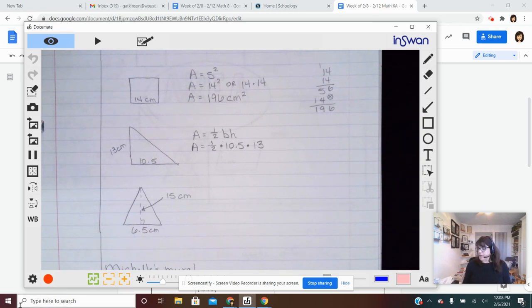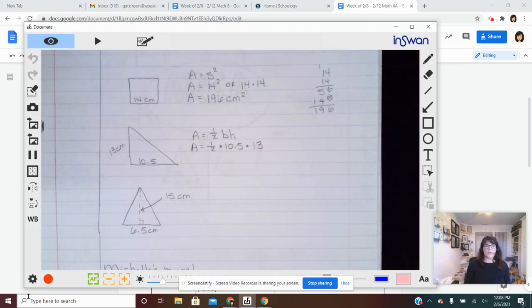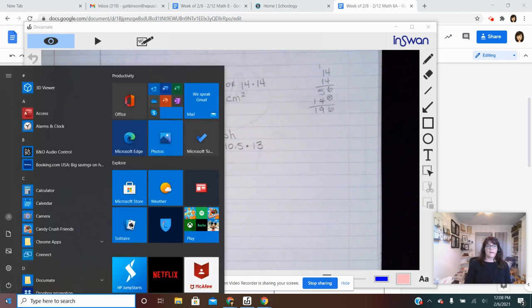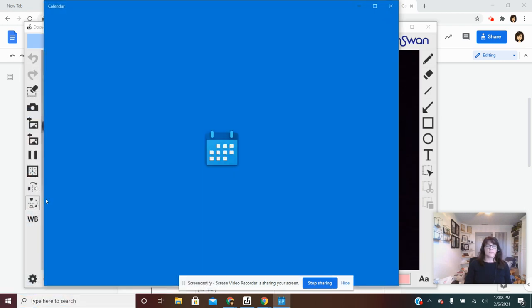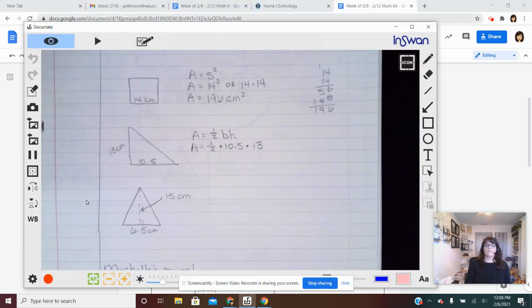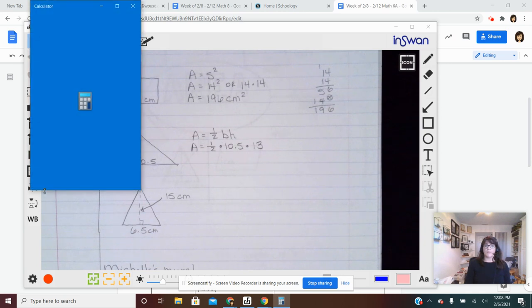I want you to be able to multiply, but I don't want it taking all your time all the time. If it takes longer to take out the calculator, do the math. Okay? In my case, I'm going to pop a calculator up.